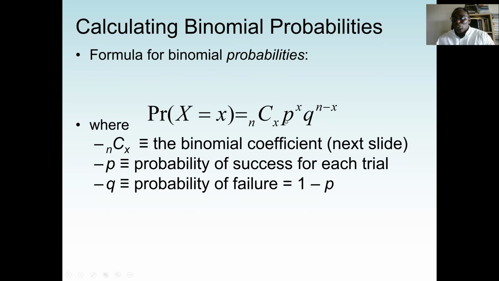So if we know p, q will be 1 minus p, the complement rule. Since p is the probability of success, then the probability of failure should be 1 minus p. n, as we said earlier, is our number of tries. Then x is our discrete random variable, what we are looking for.